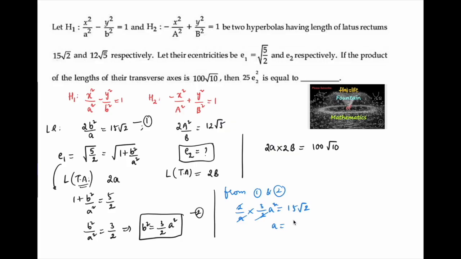So here a is equal to 15 root 2 divided by 3, which is equal to 5 times root 2. So substituting a is equal to 5 root 2, here 2 into 5 root 2 into 2b is equal to 100 times root 10.